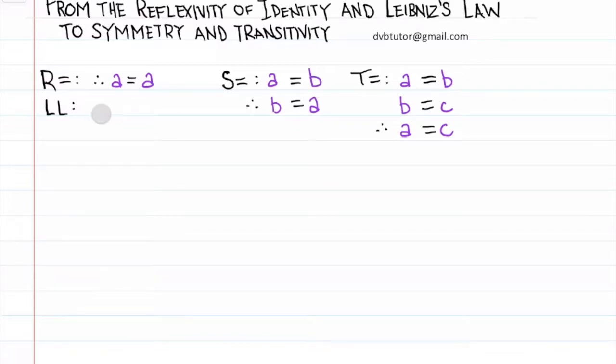This says that from any sentence of the form phi of A, where the Greek letter phi corresponds to some attribute of A, so if A has such and such an attribute, and it's also true that A is identical to B, well, the only way that A is identical to B and A is such and such is if B is such and such as well. Perhaps this will be more intuitive with an example.